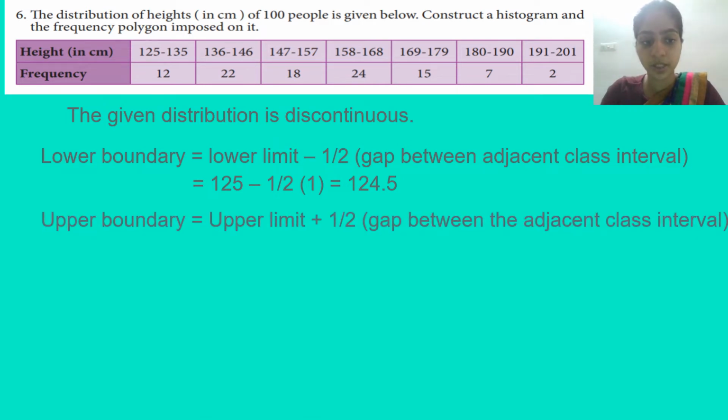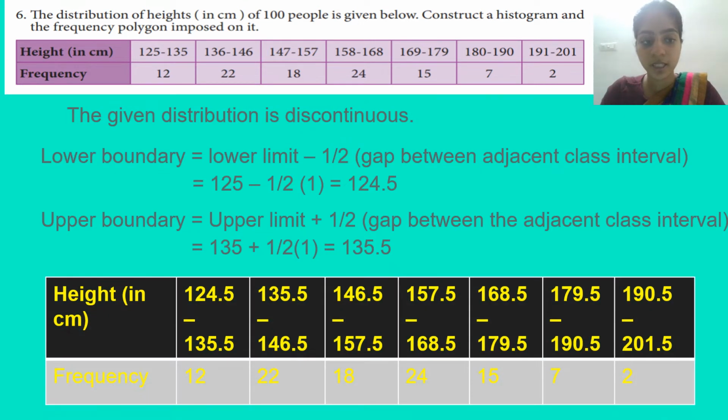And for the upper boundary, it is upper limit plus half into the gap between adjacent class intervals. The upper limit here is 135. So 135 plus half into 1 is 135.5. We can directly find the upper boundary and the lower boundary for each height class interval by adding half and subtracting half.